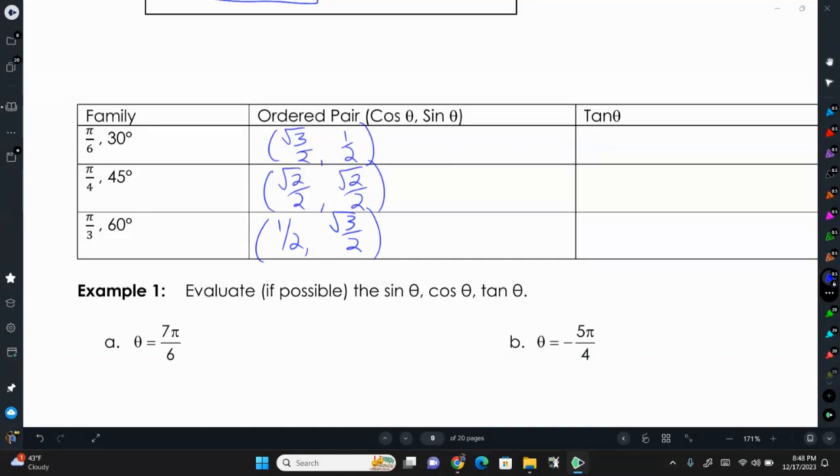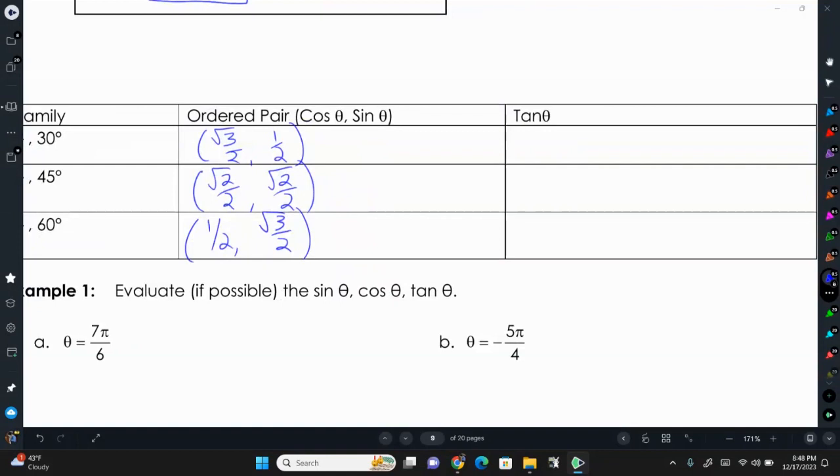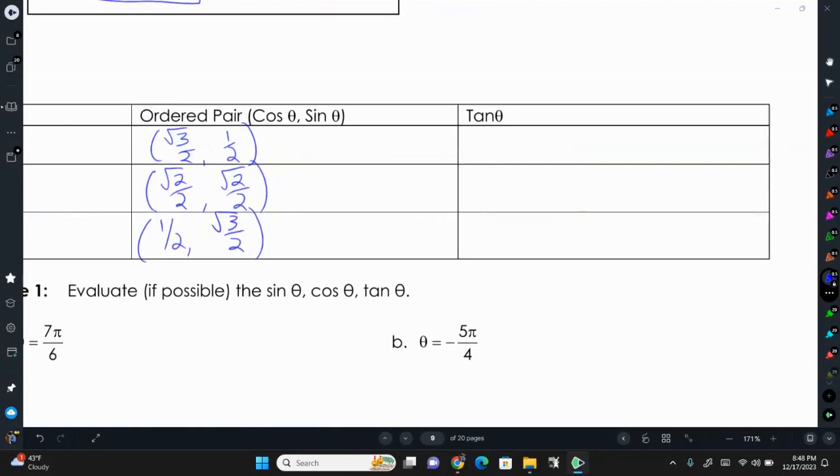Now the tangent is going to be the y value, the sine over cosine. So if we were to calculate that, 1/2 divided by the square root of 3 over 2.